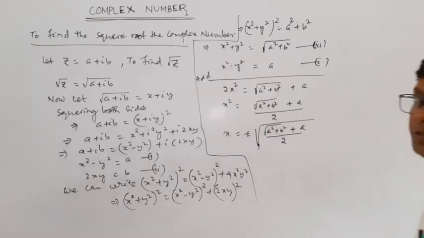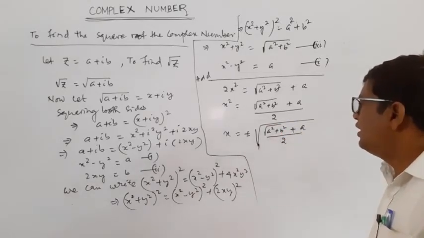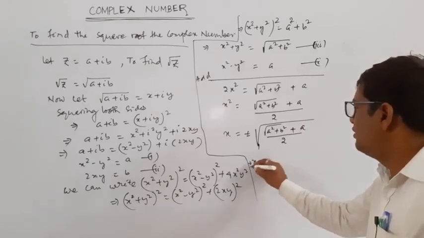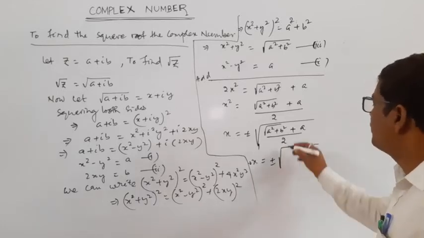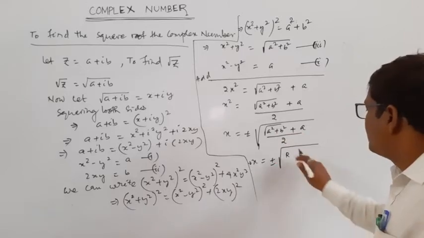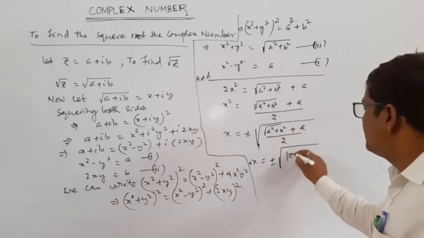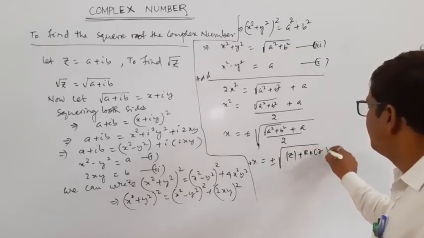The square root of a² + b² is mod z, so x is plus or minus the square root of (mod z plus a) by 2, where a is the real part of z.